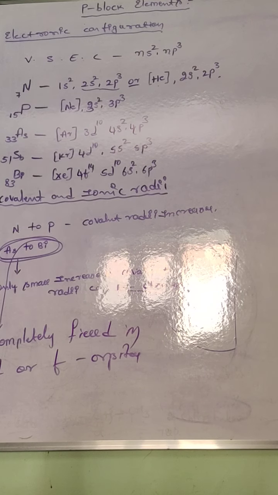In heavier members, the d and f orbitals are completely filled, so the covalent and ionic radii slightly change as we go down.